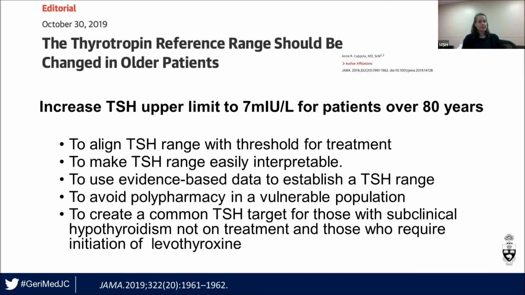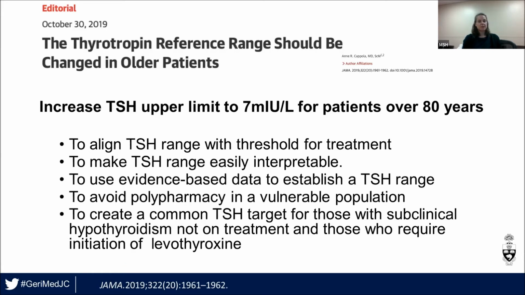And this is to align TSH range with threshold for treatment, and to make TSH range easily interpretable, which I think is even more important now that our patients have access to the patient portal. And to use evidence-based data to establish a TSH range, to avoid polypharmacy in a vulnerable population, and to create a common TSH target for those with subclinical hypothyroidism not on treatment and those who require initiation.